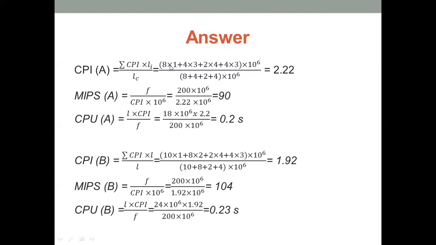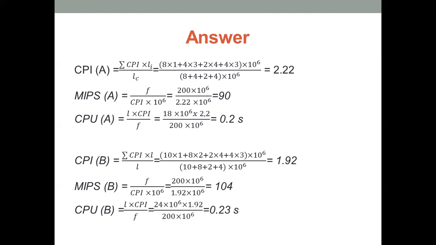We multiply each value of CPI by Ii, which is 10^6, and divide by 8 plus 4 plus 2 plus 4, which is multiplied by 10^6. And we got 2.22. And MIPS equals F divided by CPI multiplied by 10^6. So we have 90 for MIPS for machine A.